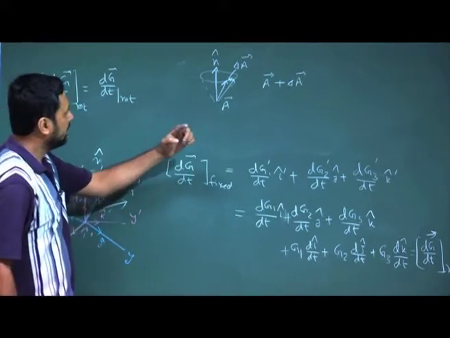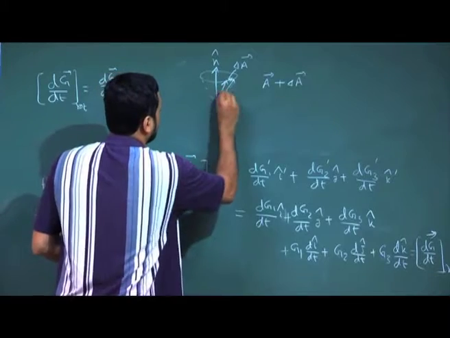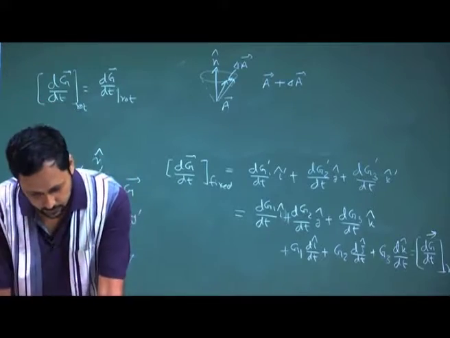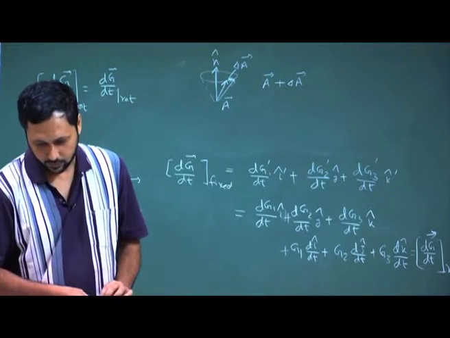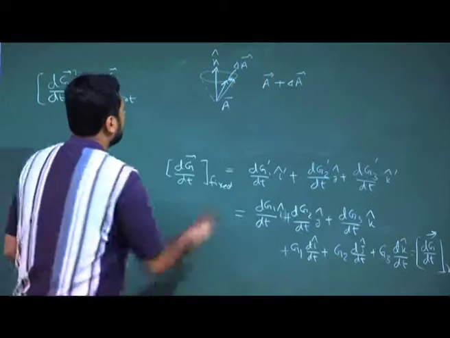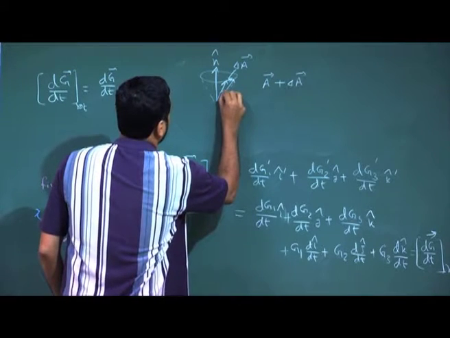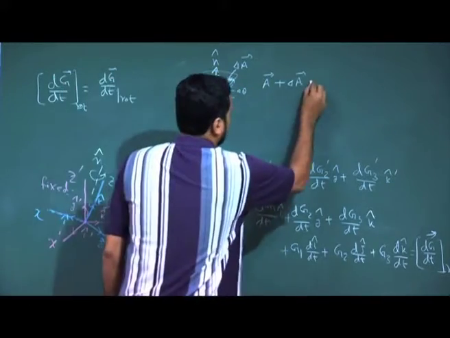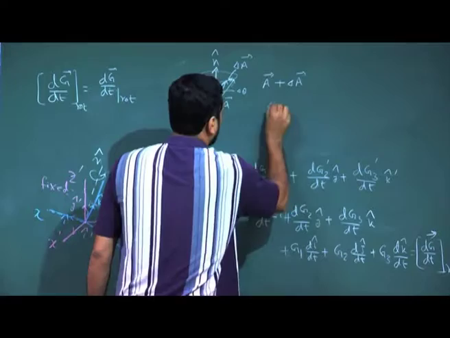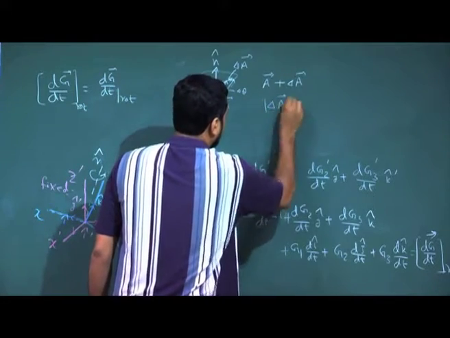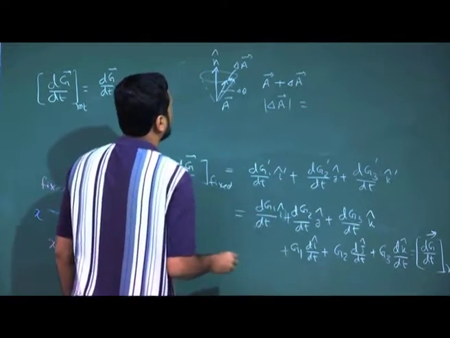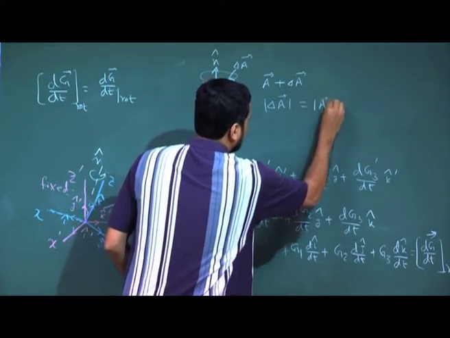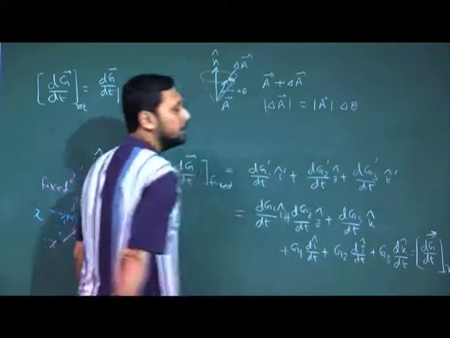Now, what is delta A? If this angle is delta theta, then we can write the magnitude of delta A as the magnitude of A times delta theta, right.